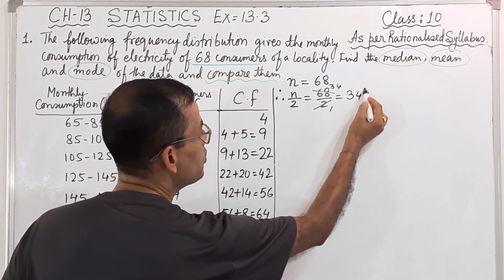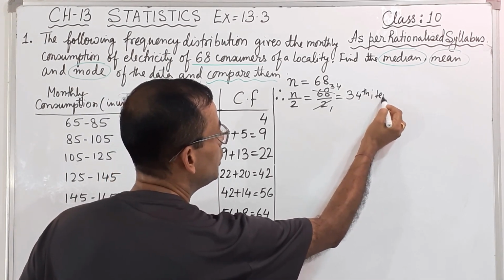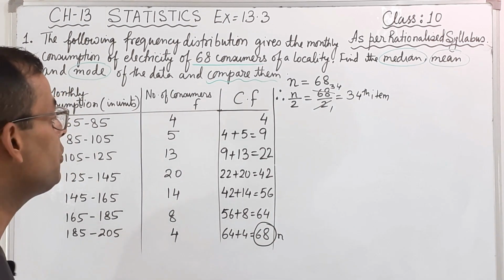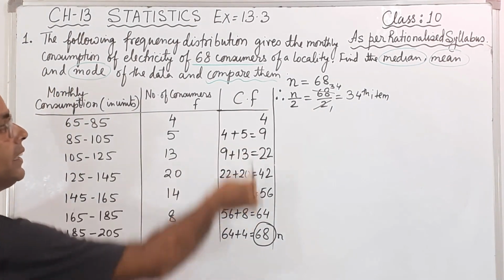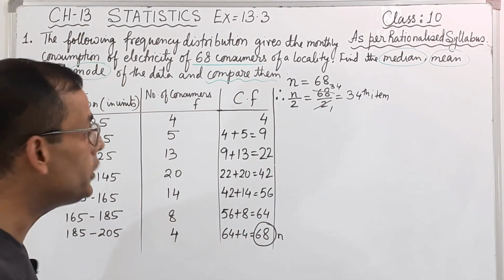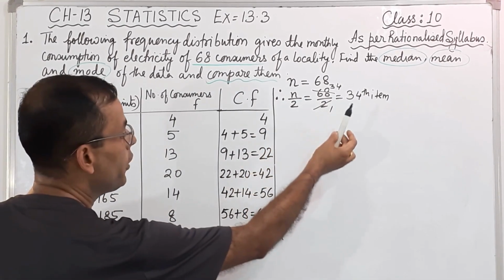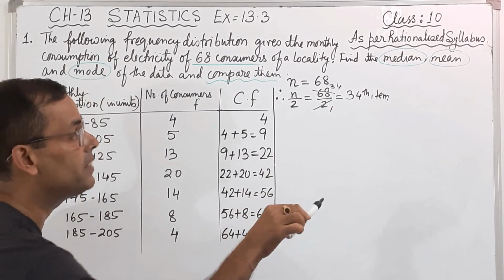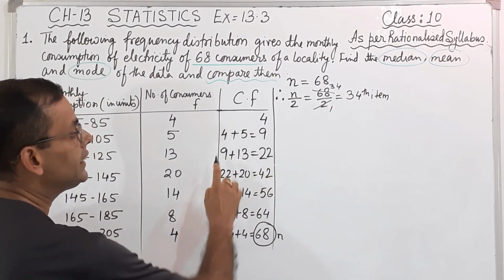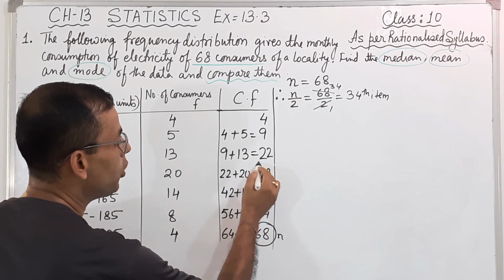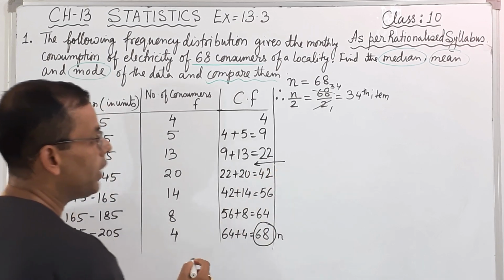So, the 34th item. Clear? Now this 34th item is lying in the cumulative frequency in between which row? Okay. So if your roll number is 34, then you will come and stand between what? 22 and 42. So you will give an arrow mark.